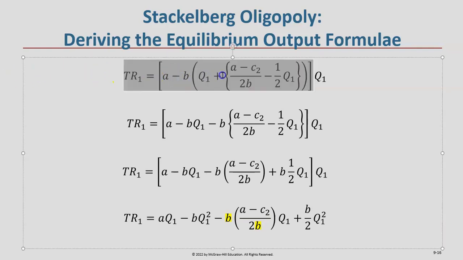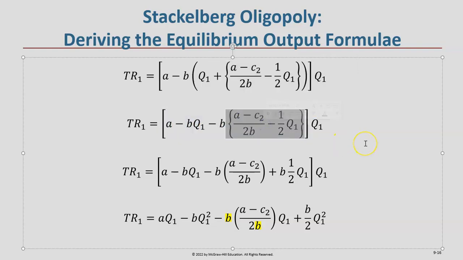Here I have repeated the equation, and in the second line, I'm multiplying through the demand slope through this big parenthetical. So A minus BQ1 minus B now times the Cournot reaction function.